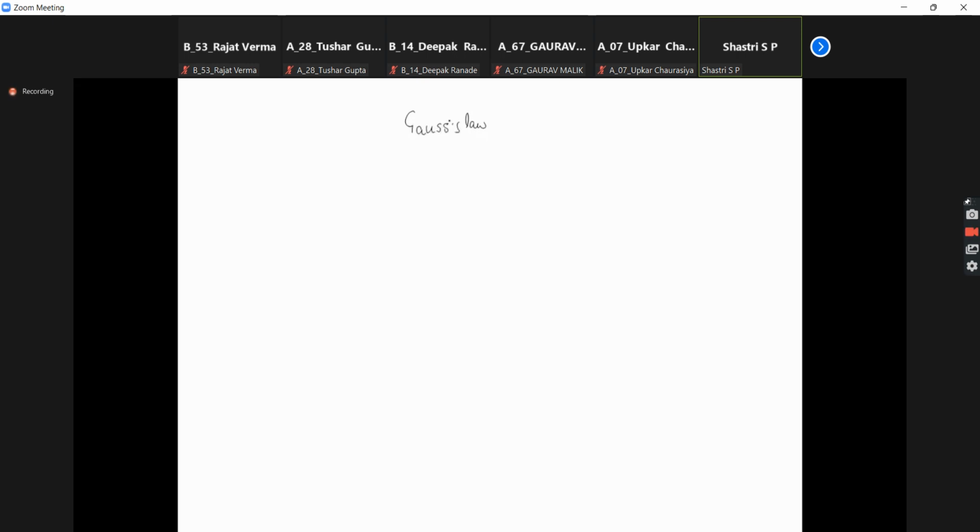So Gauss law is one of the important laws for us, because further information you can retrieve about the electric field, and that is nothing but the flux.